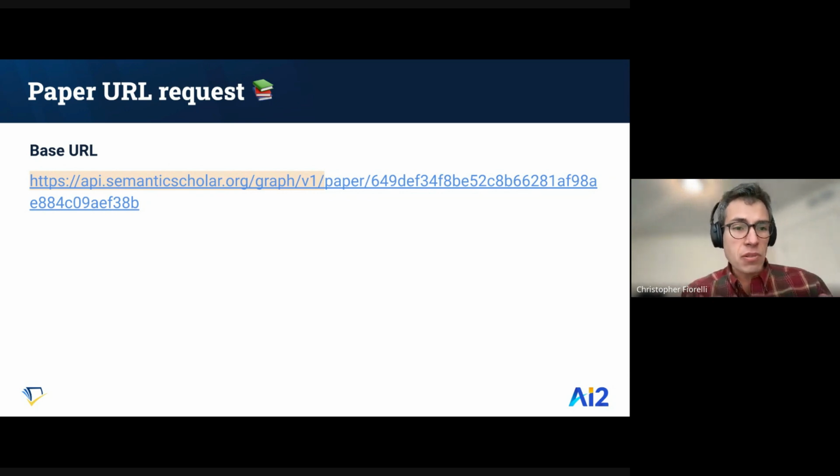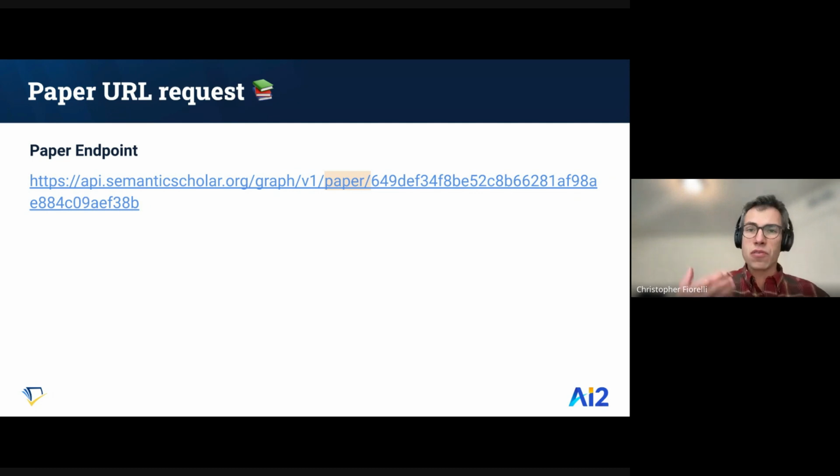The first part, which is highlighted here, is the base URL, so this part is pretty much never going to change. The second part is where the user can start specifying what they really want to do. This piece specifies paper. An alternative example might be author, if you want to get information about authors.